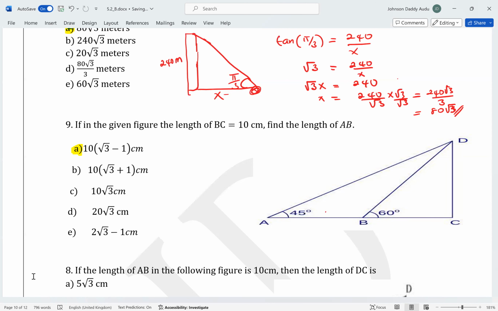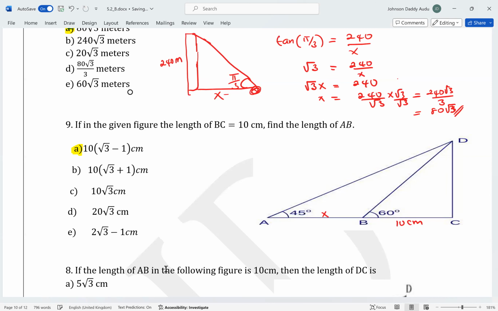It means we want to find, let's say, this length. And what do we have? We already have BC to be 10 centimeters. All right. So how can we find x now?